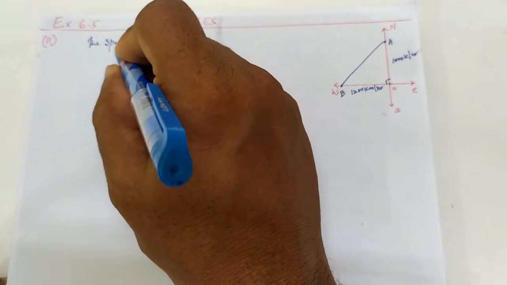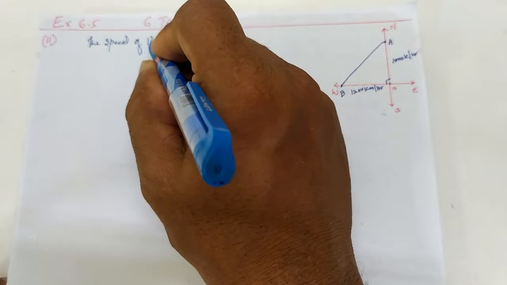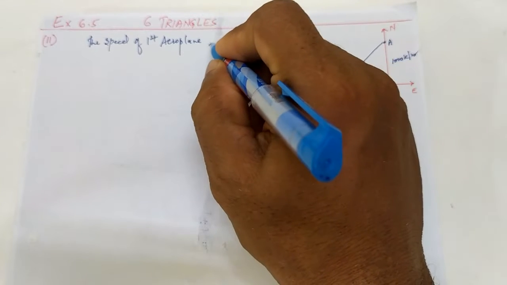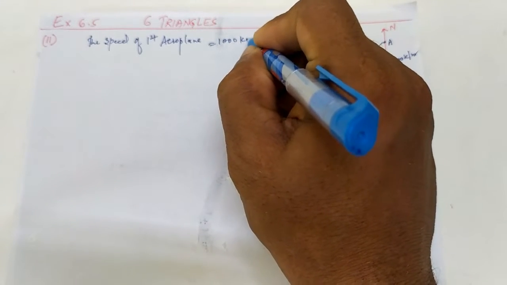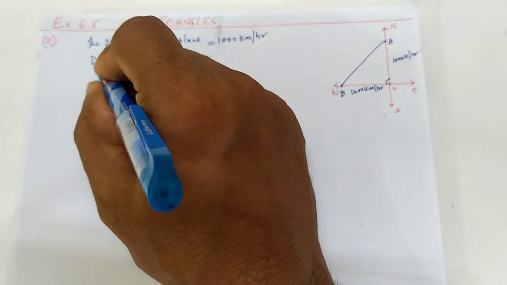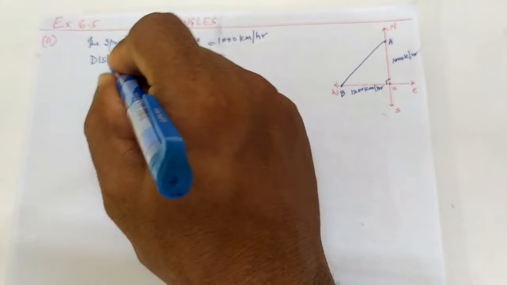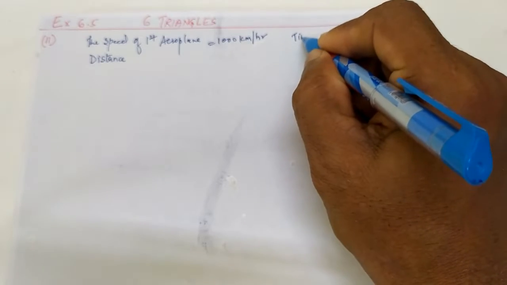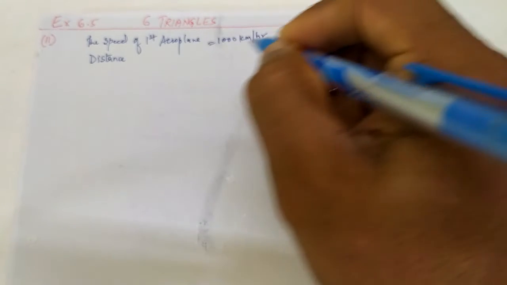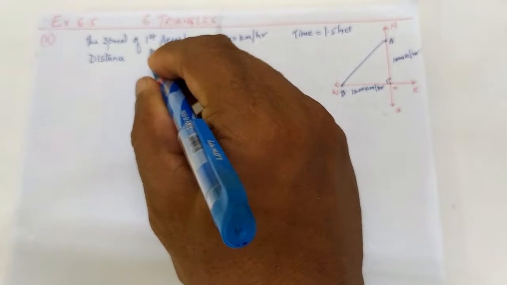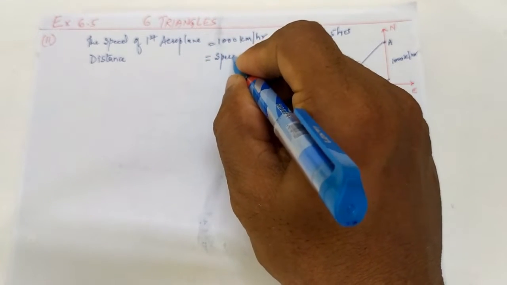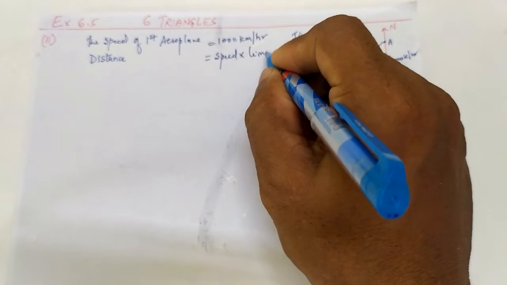The speed of the first aeroplane that is given to us is 1000 kilometers per hour, and the time given to us is 1.5 hours. The distance traveled by the first aeroplane is speed into time.